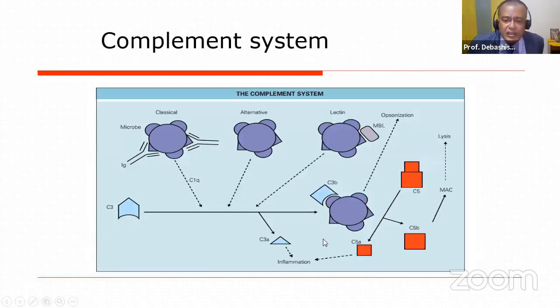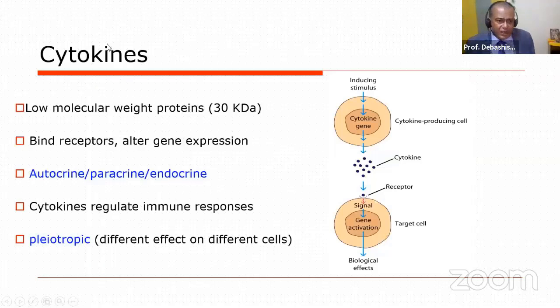C3a causes inflammation, and C3b, once you get opsonization of the bacteria or the microorganism, helps in cleaving C5 into C5a and C5b. So C5a again produces inflammation like C3a, and C5b helps in triggering membrane attack complex formation causing lysis of bacteria. So I have revised the complement activation system grossly with these two slides.